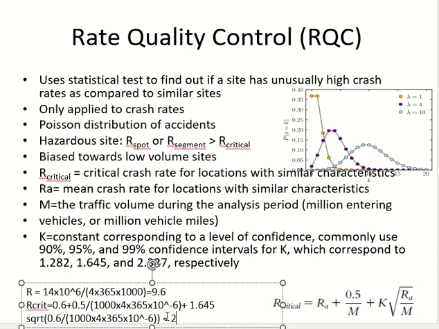So 95% of the normal sites are up to this value, and above that is the problematic one. Clear? Any questions?